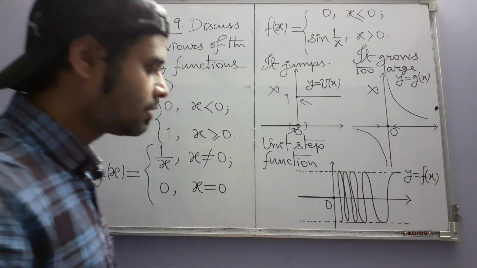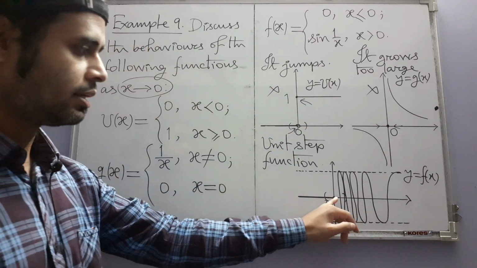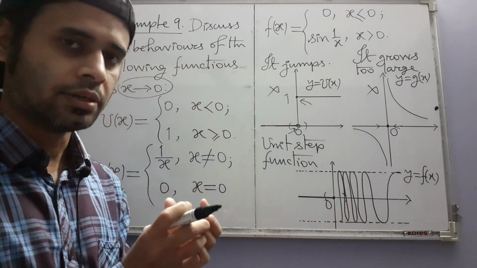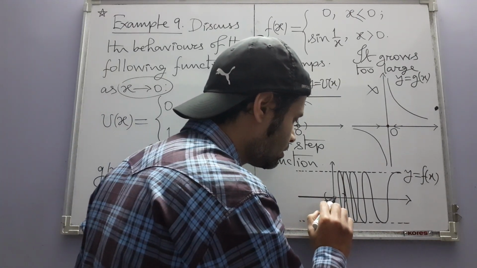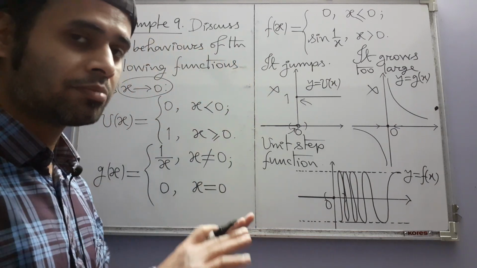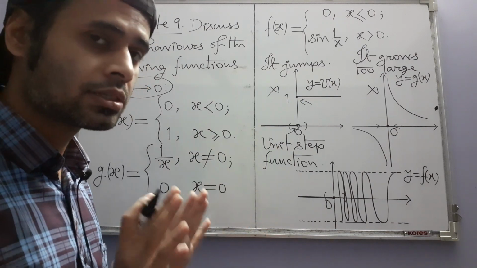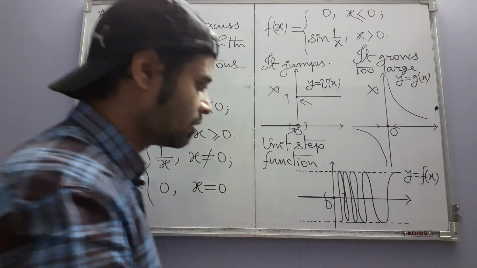But on the right side, what happens? As you concentrate on an interval near 0, on the right side of the interval, remember I said that the value oscillates more and more frequently.